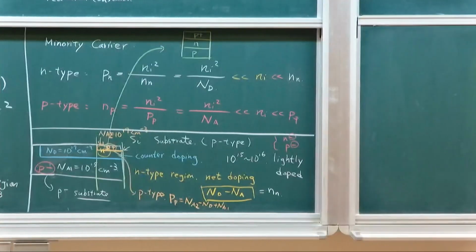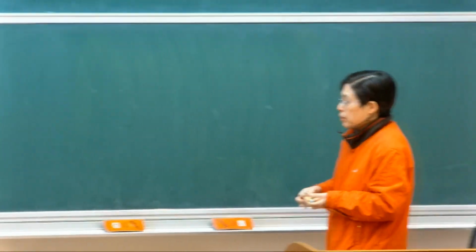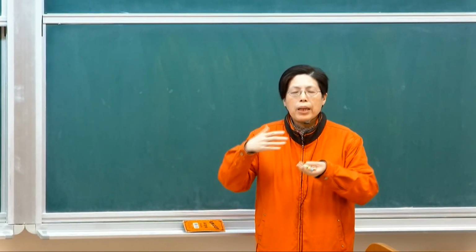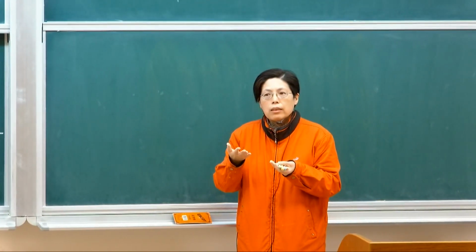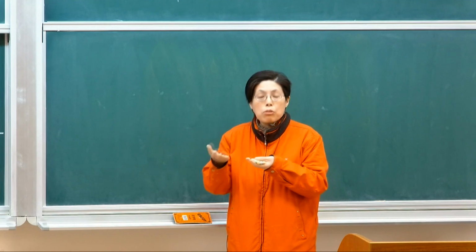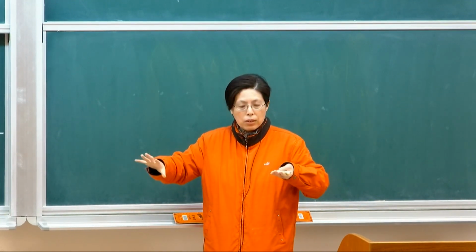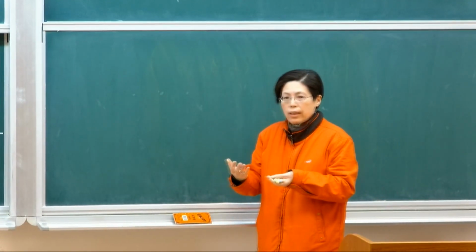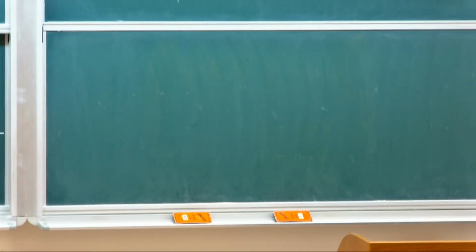Okay, so we're moving along to the next part, which is transport. As I said, once you have a basic understanding of how to put in extrinsic dopants, how you actually control the amount of carriers inside a piece of semiconductor, the next key important thing is to understand how these carriers move, which allows us to get the most important parameter, the current-voltage relationship.